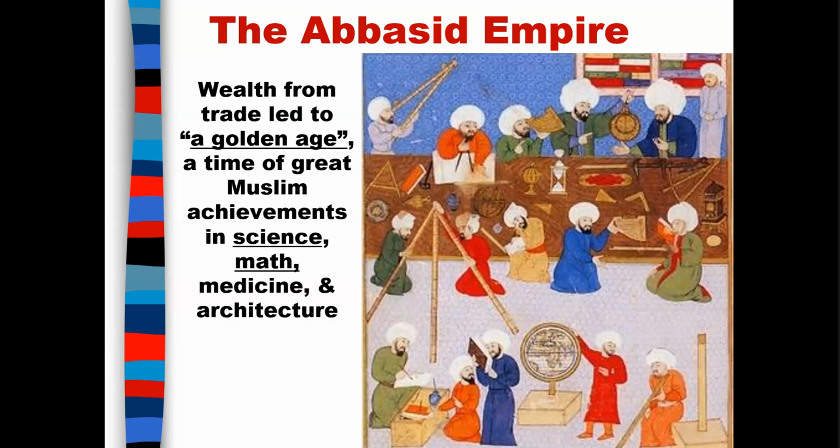Wealth from trade also led to an era known as a Golden Age, a time of great Muslim achievements in science, math, medicine, and also architecture. So these were contributions given by Muslims to areas that they had conquered, very important contributions to that world.